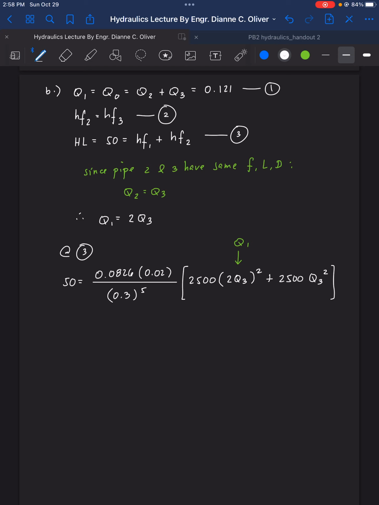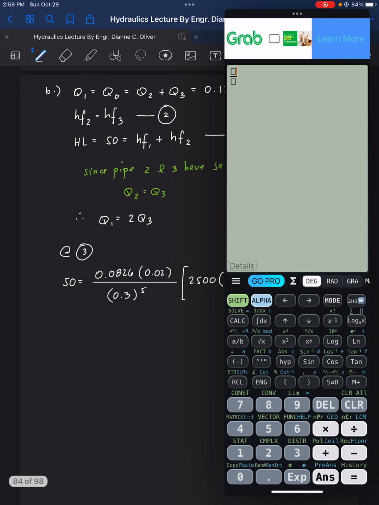So what will happen for the value of Q3? 0.3 raised to 5.